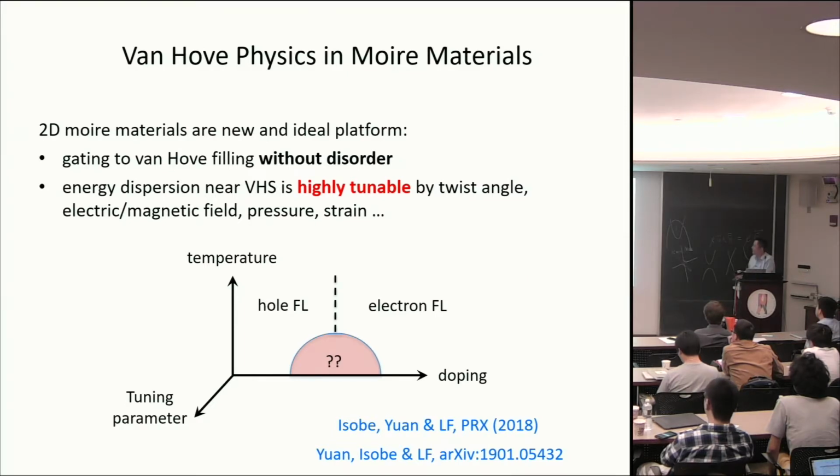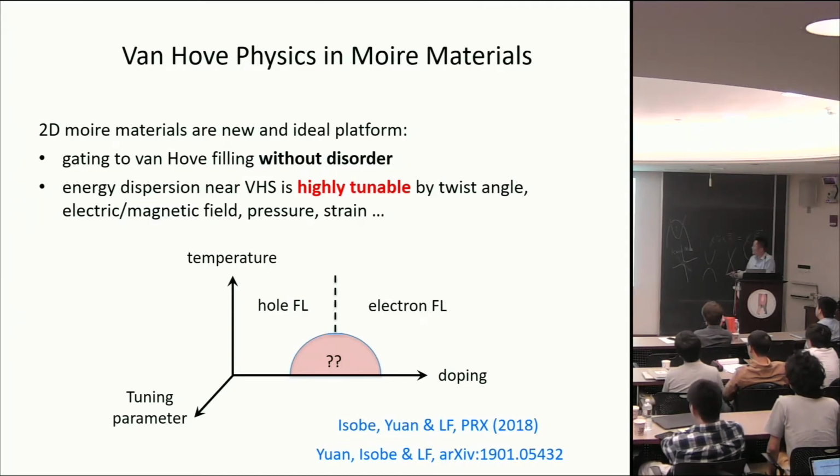That's one advantage. Moreover, these 2D materials, as you heard from Feng, are also tunable by electric fields, by strain, by twist angle. So not only can we put the Fermi energy at the Van Hove singularity, but we can also maybe tune the energy dispersion in the vicinity of this Van Hove point. So this leads to an additional tuning parameter.